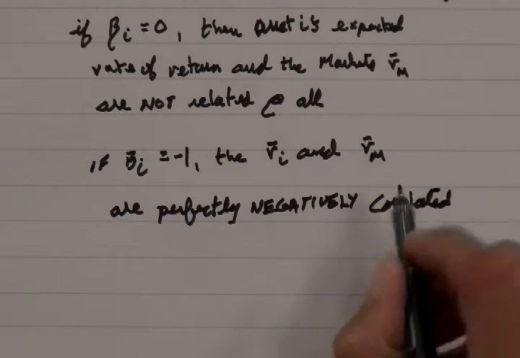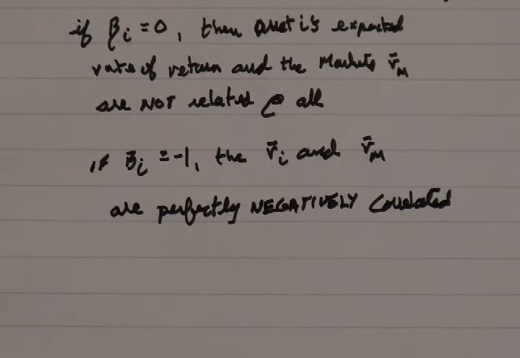So what this means is that if the market goes up 25%, then the expected rate of return on asset I should go down 25%. Okay.